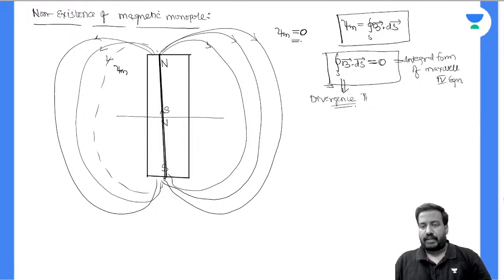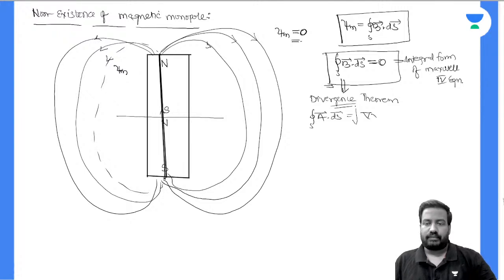Applying divergence on it, according to divergence theorem, closed surface integral of A dot ds is equal to volume integral of del dot A dv.